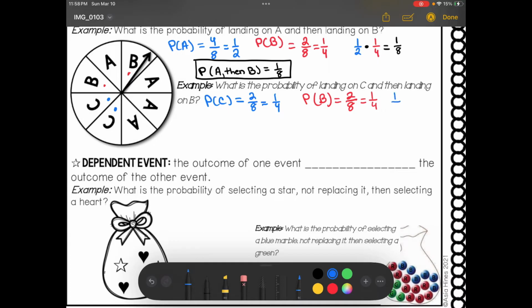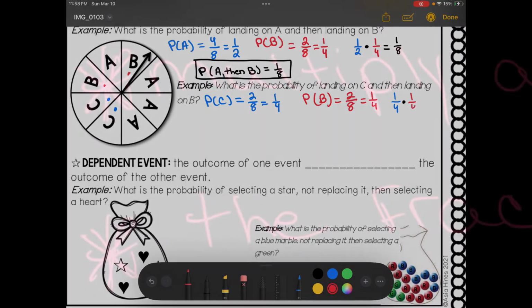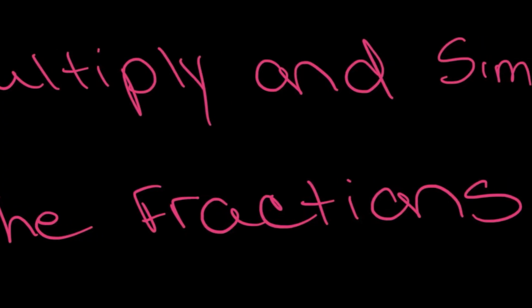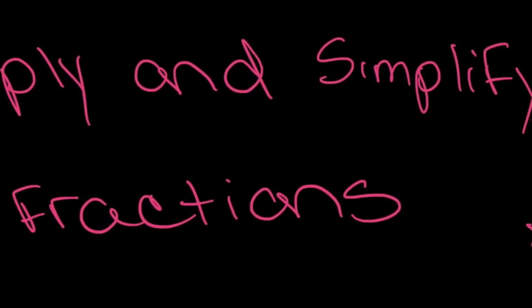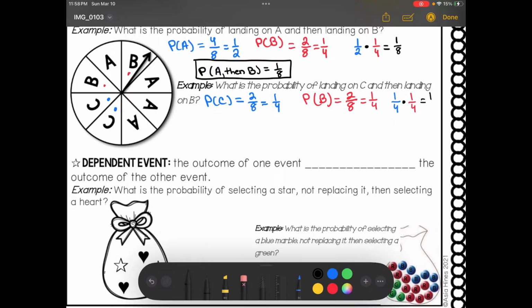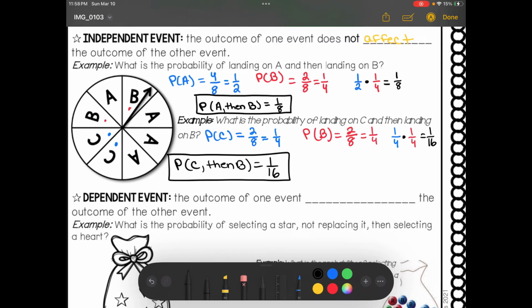So I'm going to take 1/4 times 1/4 equals 1/16. So the probability of C, then B is 1/16. So that is an independent event.